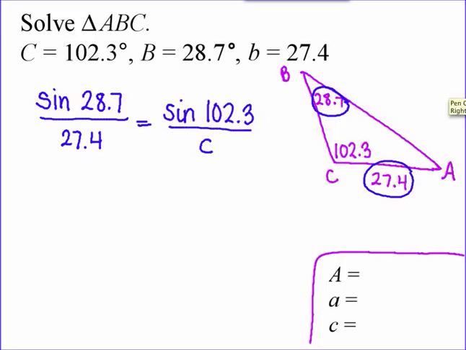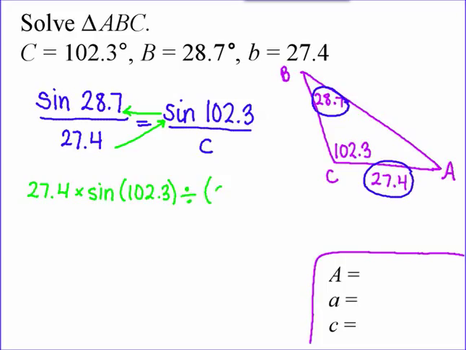All you need to do to solve that, this is the easy way if you want to do it all in one step, multiply these two, and then divide by the sine of 28.7. Now if you do that all in one, I'm going to give you a hint: 27.4 times the sine of 102.3, divided by the sine of 28.7. I would put a separate set of parentheses around that.